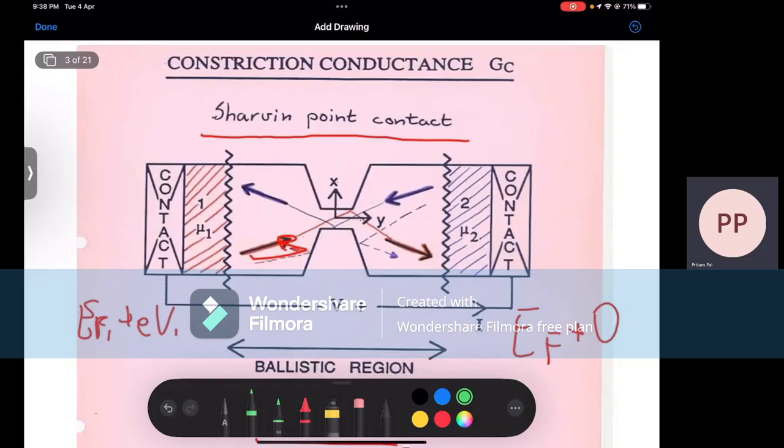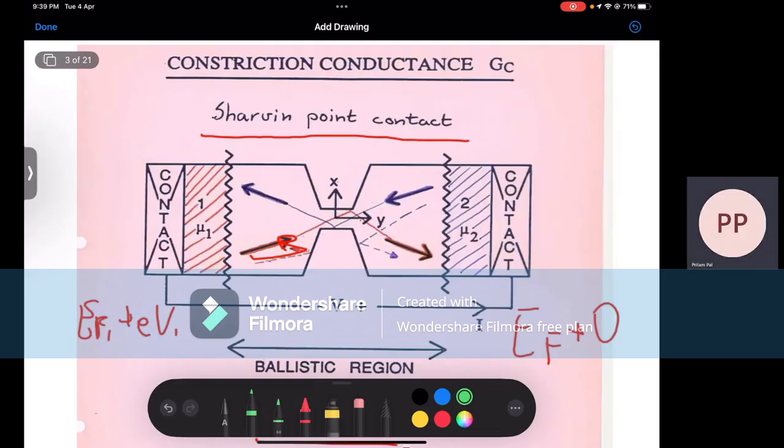But in essence, it's a constriction inside a conductor, and let's talk about what transfer of the charge across a constriction can look like from the most basic consideration.